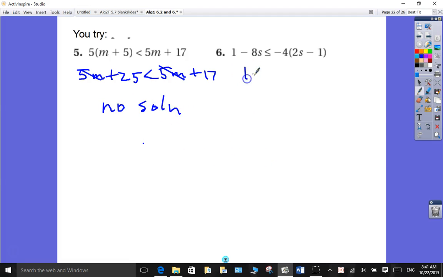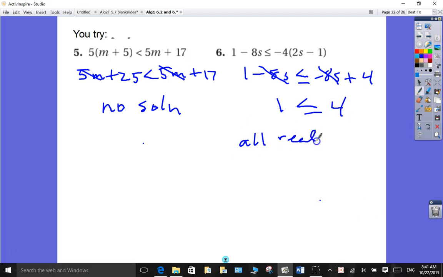And on the other side, 1 minus 8s is less than or equal to negative 8s plus 4. Should I flip the sign? Right. I didn't multiply both sides by a negative. I just distributed on the right. That's fine. Now the negative 8s cancel. So 1 is less than or equal to 4. All reals. Any number you plug in is going to satisfy that.